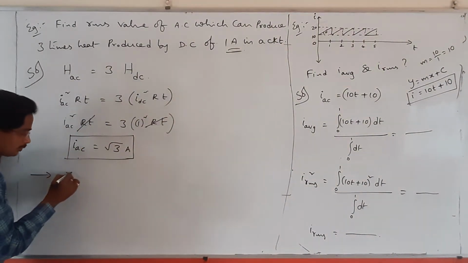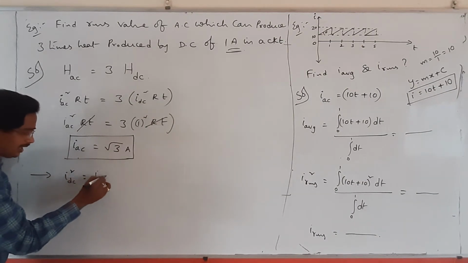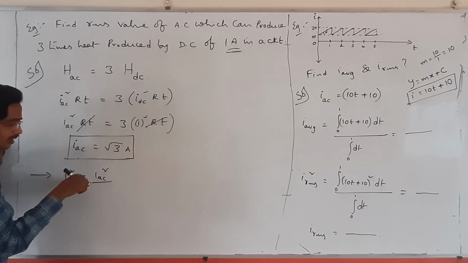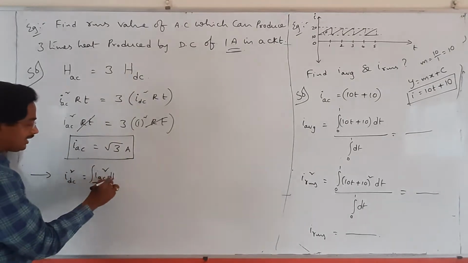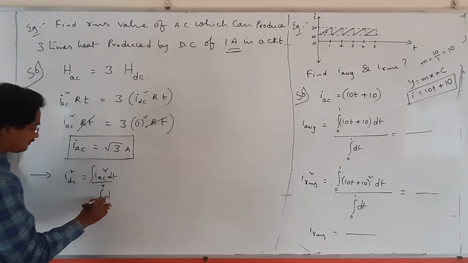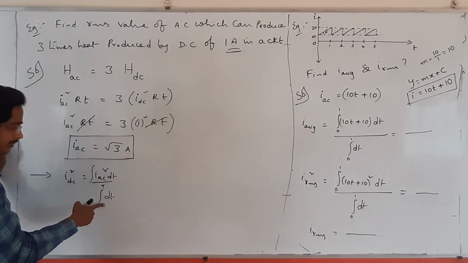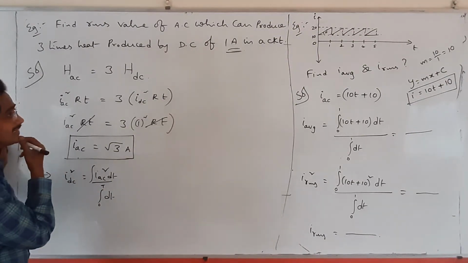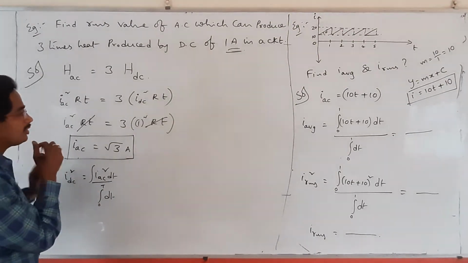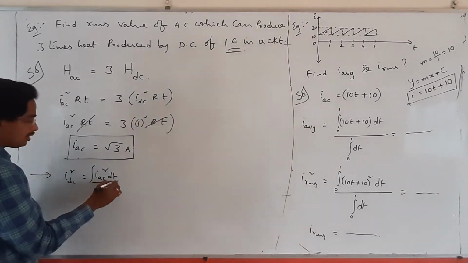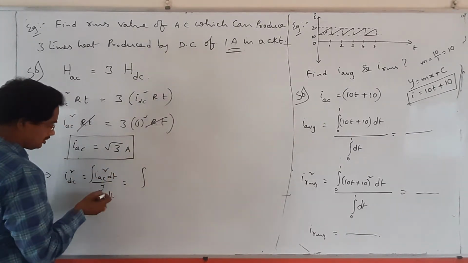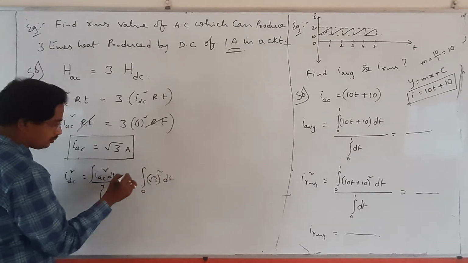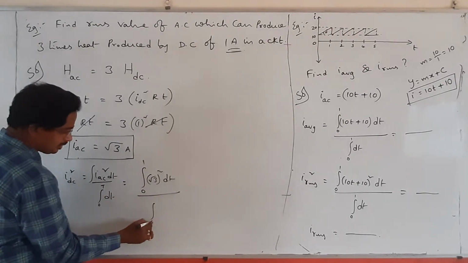So I_DC squared equals the integral of I_AC squared dt by the time interval, that is, the integral 0 to T of I_AC squared dt divided by the integral 0 to T of dt. The time they provide here is 1 second. So we get the integral of root 3 whole squared dt with the limits 0 to 1, divided by the integral 0 to 1 of dt.